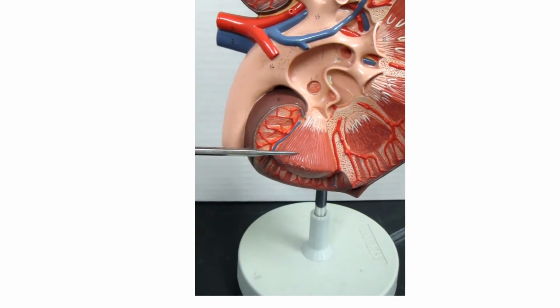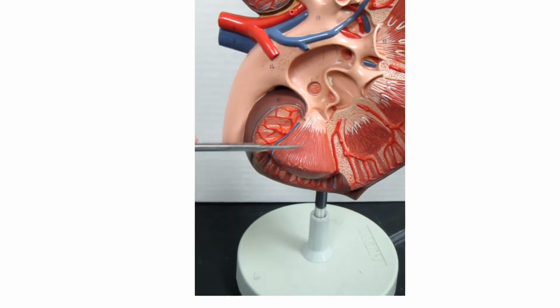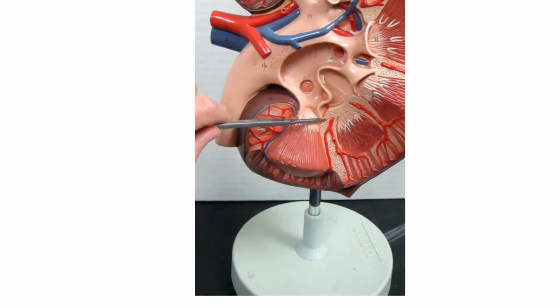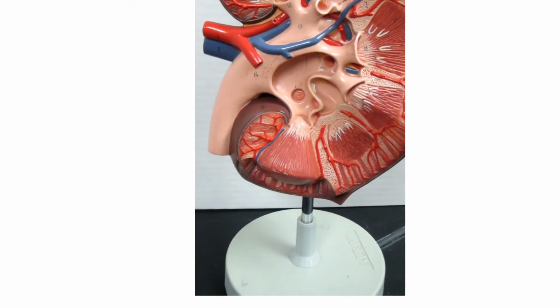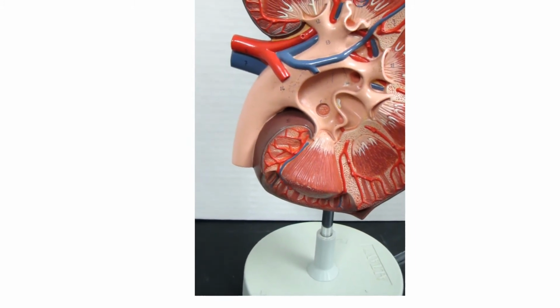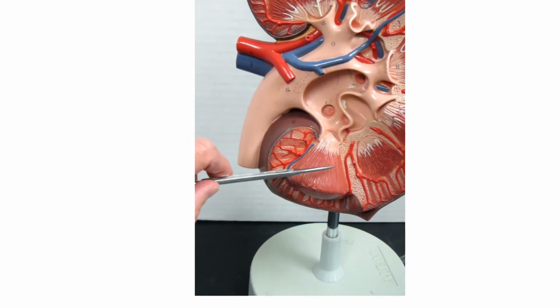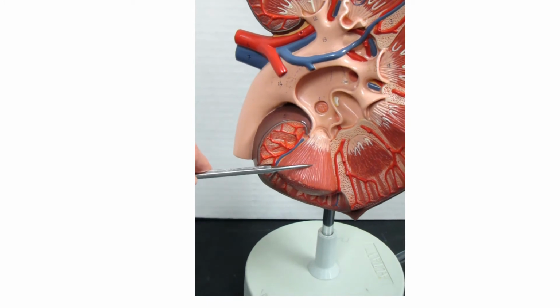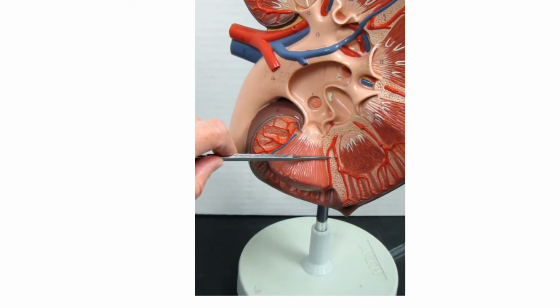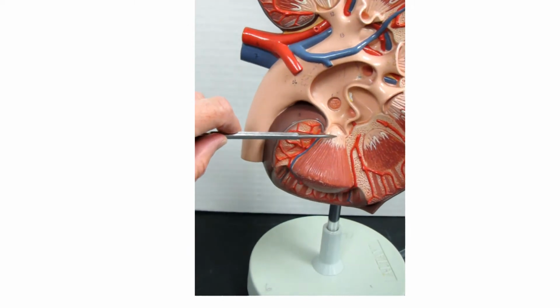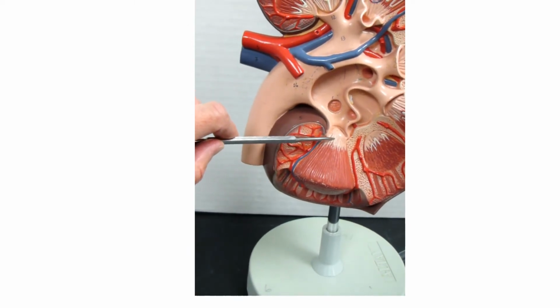Now these structures are separated from each other by this lighter material, which is coming down from the cortex, referred to as the renal columns. So we've got the renal pyramid of the renal medulla. We've got the renal columns of the renal medulla. We've got the renal papilla of the renal medulla.